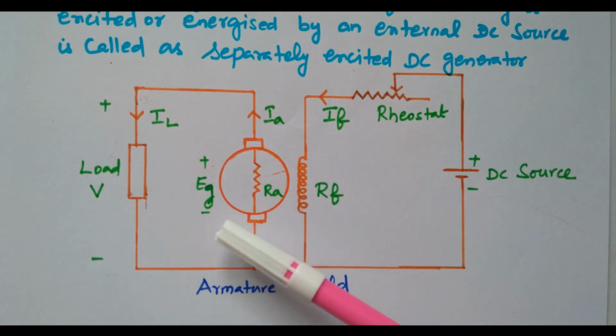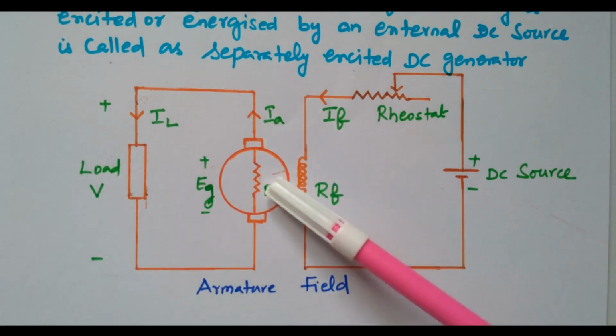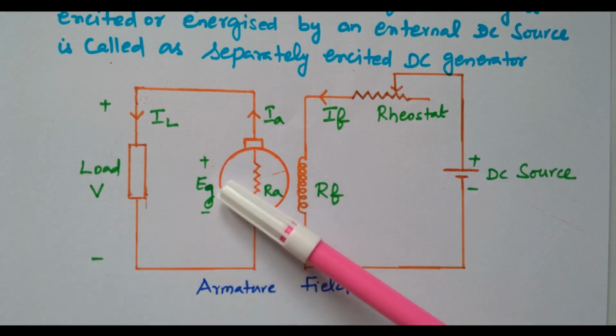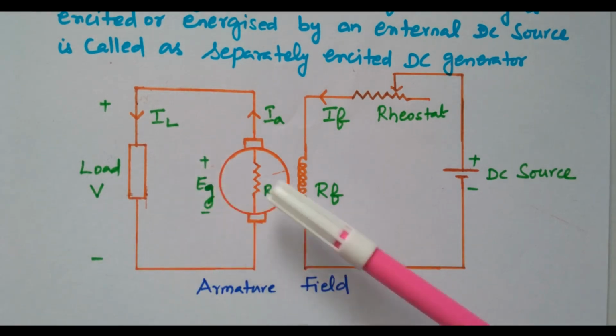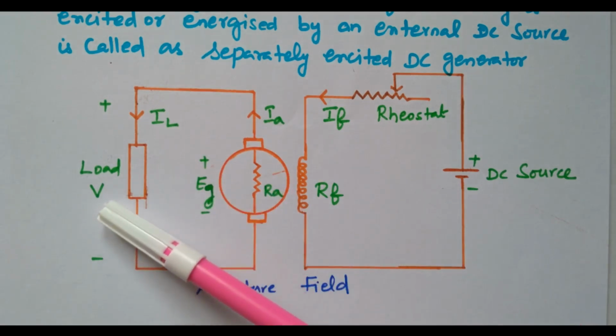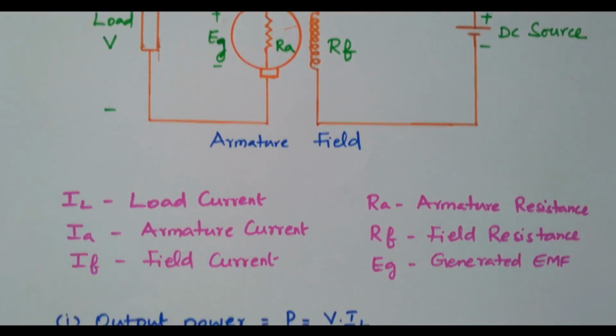That is nothing but the armature resistance drop IARA, and the load voltage, right? From the EMF generated, this armature resistance drop is subtracted, and the balance will be available at the load end, right?